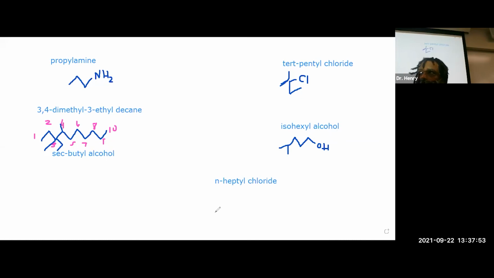So that's 1. 1, 2, 3, 4, 5, 6. 2, 3, 4, 5, 6, 7, and then Cl. Sec-butyl alcohol.